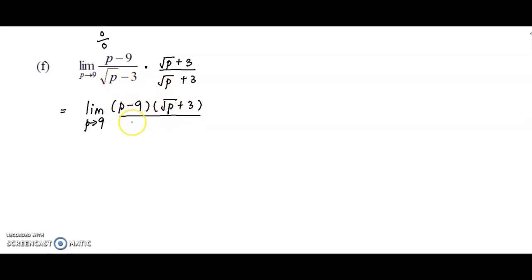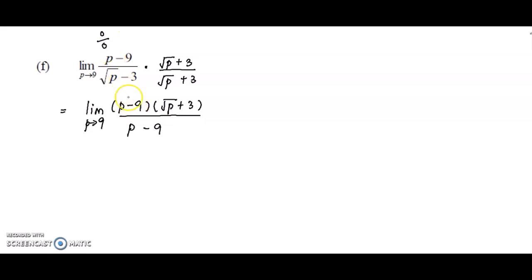Just like that. And the denominator, yes, you're going to expand it. Square root of p multiplied by square root of p, you get p. And positive 3 square root of p, negative 3 square root of p, you get 0, minus 9. So you can see that after you multiply by conjugate, the surd has been eliminated. And you can see that there is a p minus 9 below here, which also appears on the numerator.